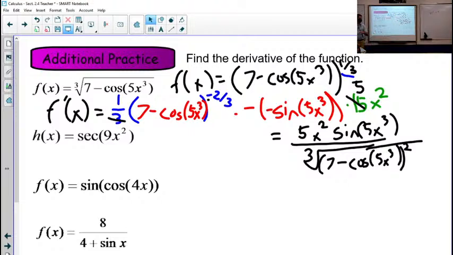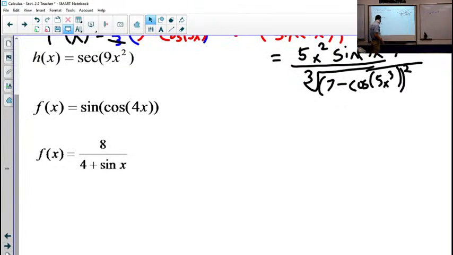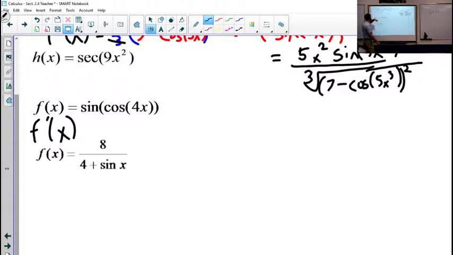All right, we're going to do one more of these. Chain rule nested inside of another chain rule. This one will be less complicated. Sine of cosine of 4x. So we are going to start with the outermost function. What's the outermost function here?